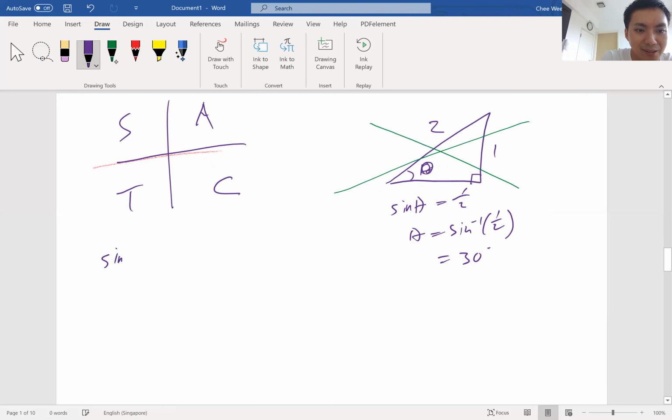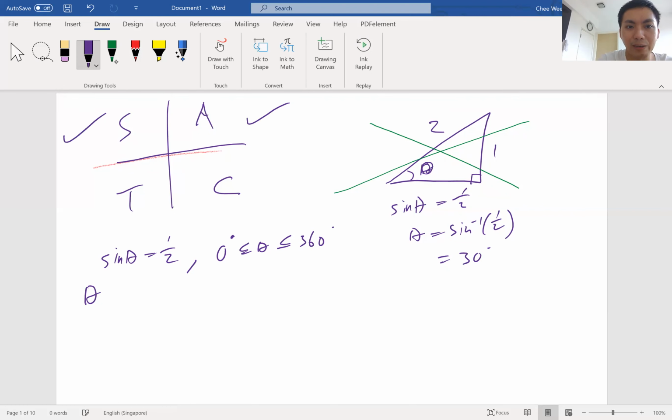So sine theta is equal to half. I will tell you theta ranges from 0 to 360 degrees. Then you will have to realize, so you have to write like this. Based on my navigation plane above, theta could actually be in Q1 or in Q2. So theta is in Q1 or Q2.